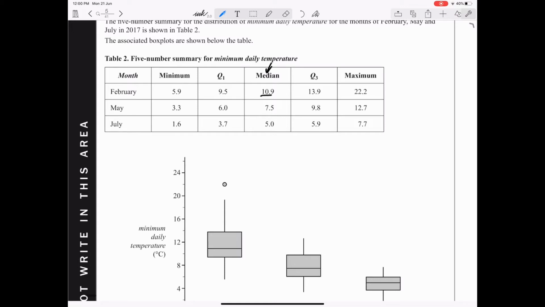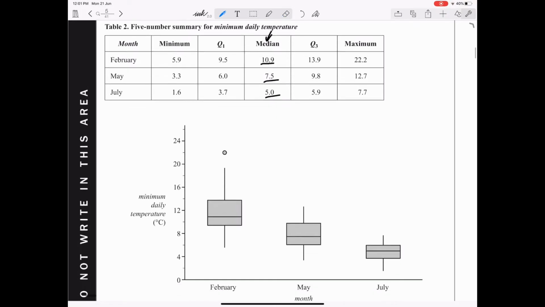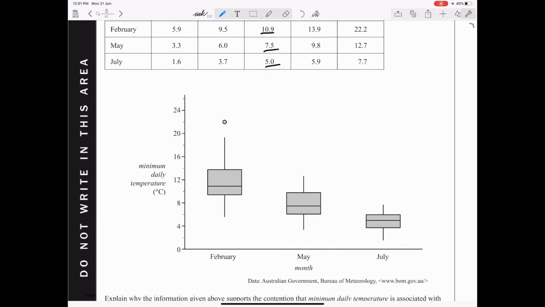February has a median of 10.9, May has a median of 7.5, and July has a median of 5. So basically there's quite a difference between the median for each month. So therefore there would be an association. And even if we look at the parallel box plots, 10.9, 7.5, and 5, there's a clear difference between the values of the median.